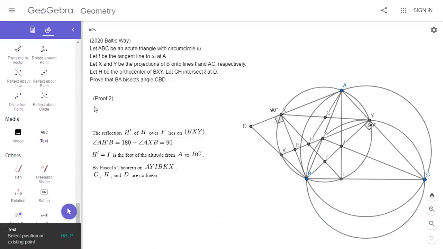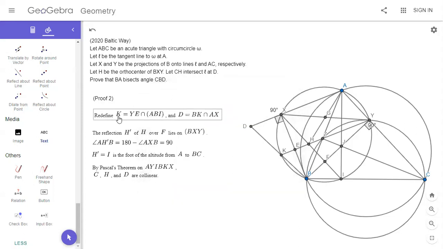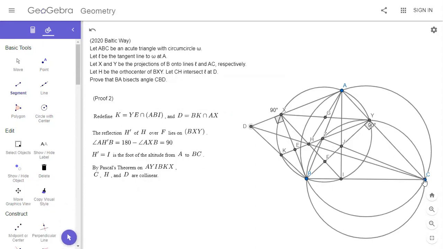So we're redefining K as the intersection of YE and the circle ABI, and we're redefining D as BK intersect AX. And so then we apply Pascal's theorem, and those are collinear.